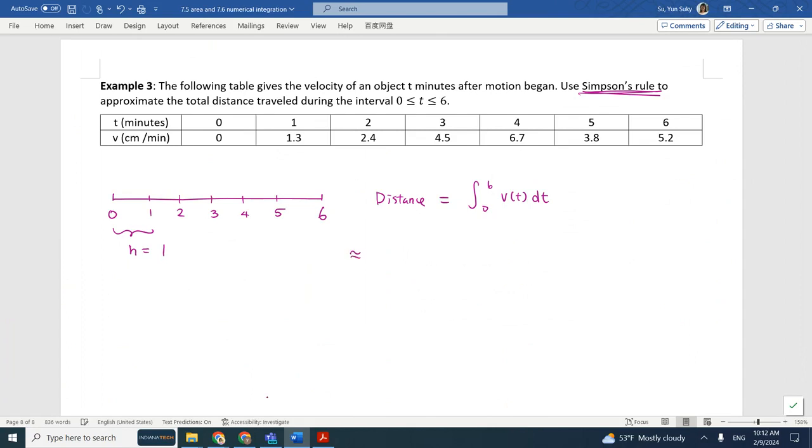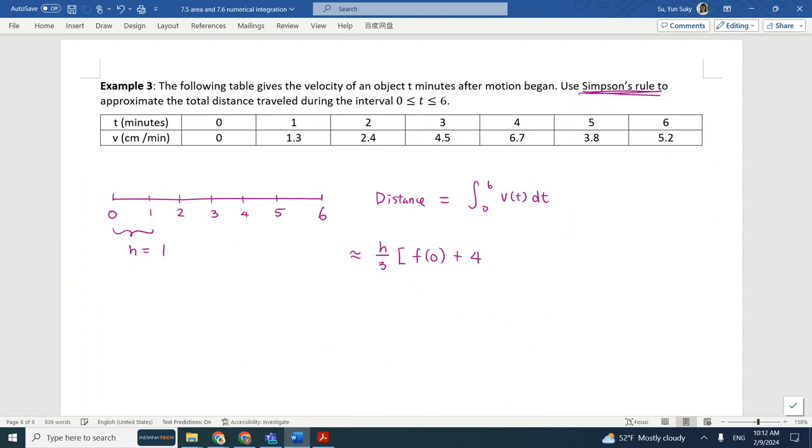And by Simpson's method, let's first write down the formula. We have h over 3, and then the left endpoint, 1 copy. How about the interior points? How many copies? 4, 2, 4, 2, 4.